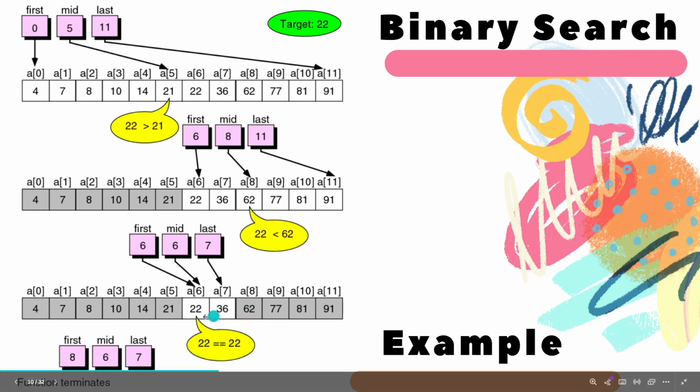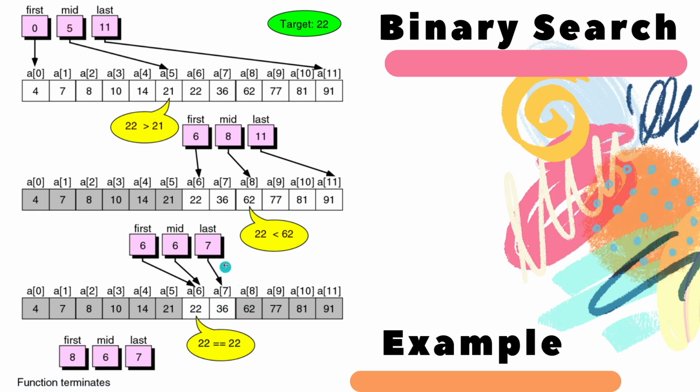So, we move here. As we are going to restrict our search to the left half of the list, we have to revise the position of last now. There is no change in the first, which you could notice here. I revised last to be mid minus 1. Our mid was earlier 8. So, now last is mid minus 1, which is 7.